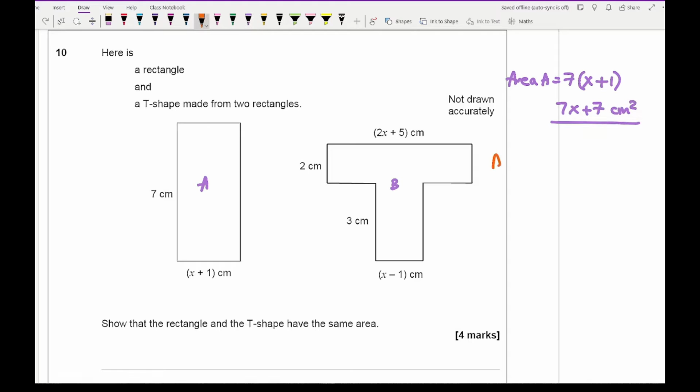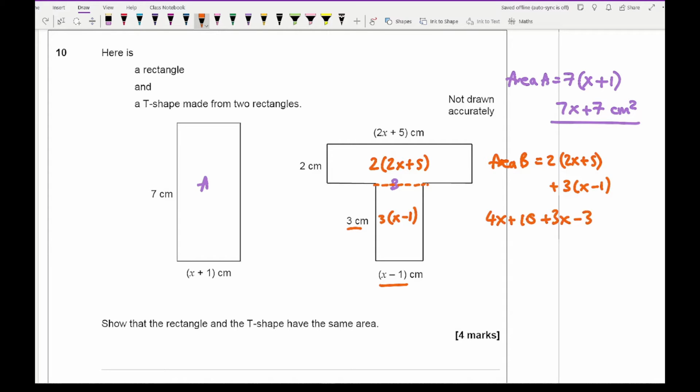Now for the area of B, this is a compound shape, so if I split that up in this way, this part here is going to be 2 lots of 2x plus 5, and this bottom section, by the height and the width, is going to be 3 lots of x minus 1. So the total area of B is going to be those two expressions added together. So I've got 2 lots of 2x plus 5 plus 3 lots of x minus 1, and expanding the brackets I end up with 4x plus 10 plus 3x minus 3.